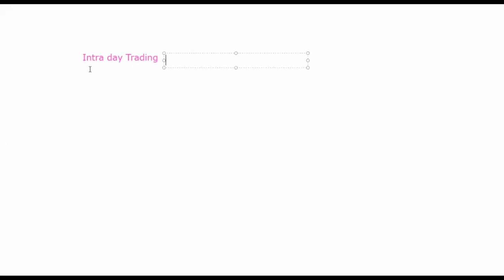So we have what we call an intraday cycle. In general, what we're simply saying is that there is a certain way that the market moves on a particular day. There is a certain way that the market moves in a single day.